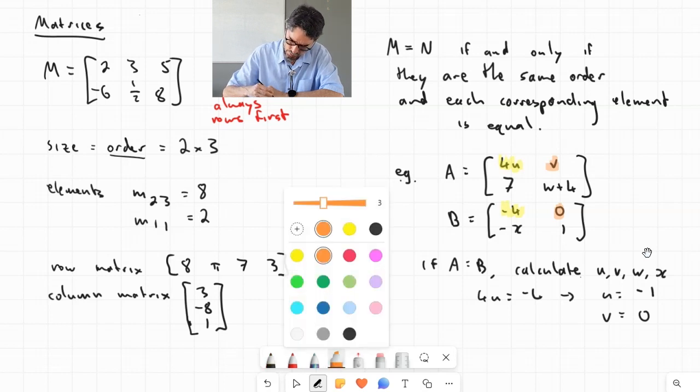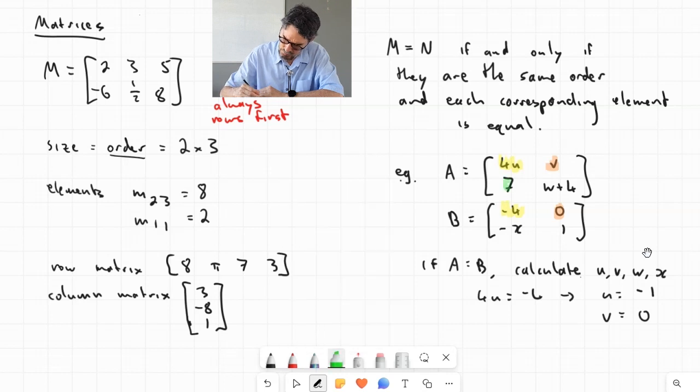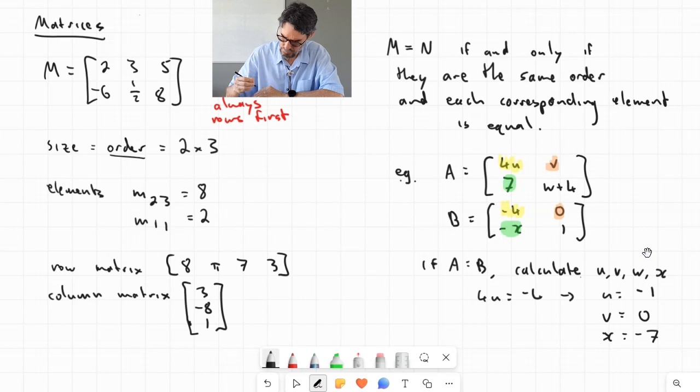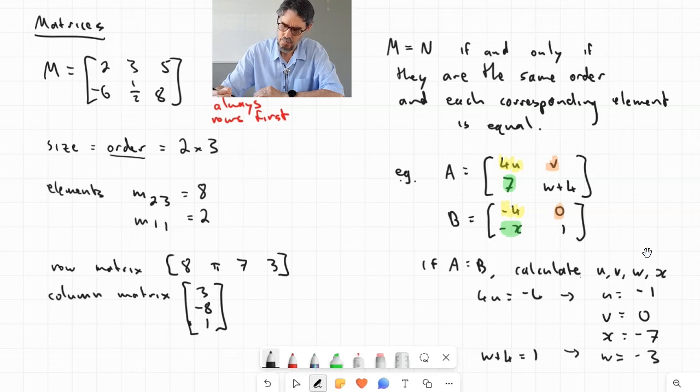Can I stop highlighting yet? I better keep doing it this first time. So that means x must be negative 7. And finally, the last element, w plus 4 is 1, which means w must be negative 3. So matrices are equal if and only if they have the same order and corresponding elements are also equal.